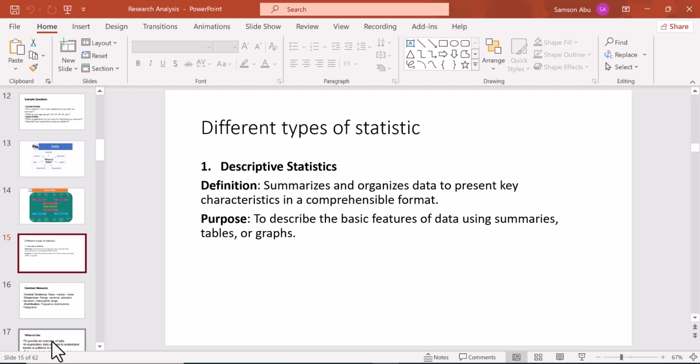The essence of it is to describe the basic features of data in summary, tables, or graphs. It can be in frequency counts, percentage, mean, median, mode, skewness, kurtosis, quantile, as the case may be. You're only describing the data, so we call such descriptive statistics.